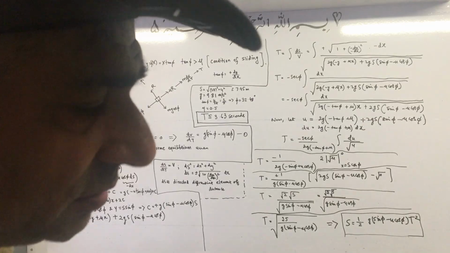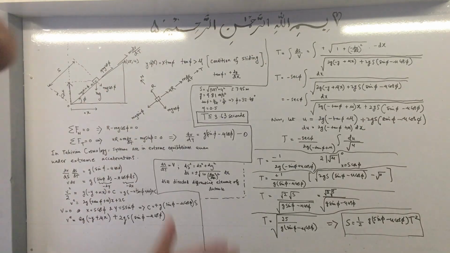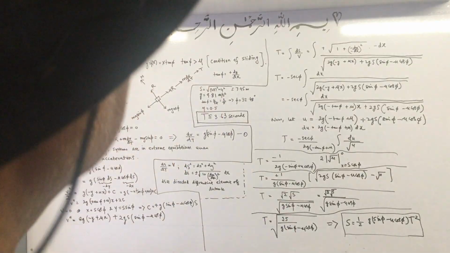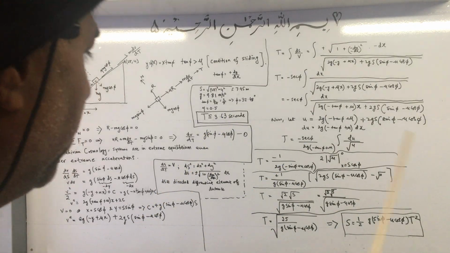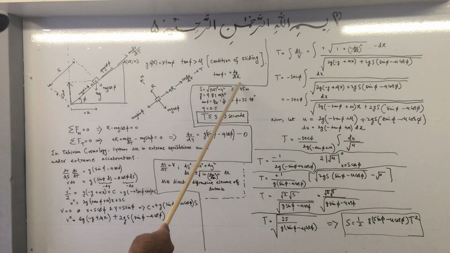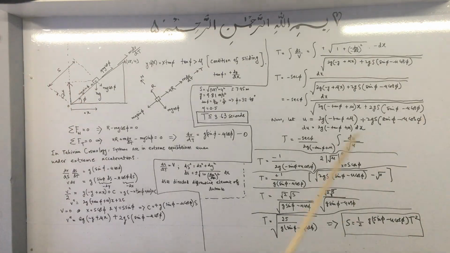Your human error will keep on increasing. The time taken is very reasonable: 3.63 seconds for a distance of 7.45 meters at an angle of 32.48 degrees with a coefficient of friction 0.5.